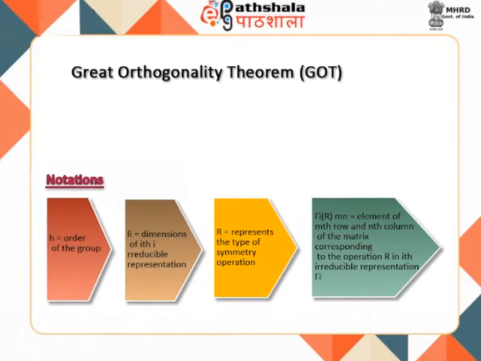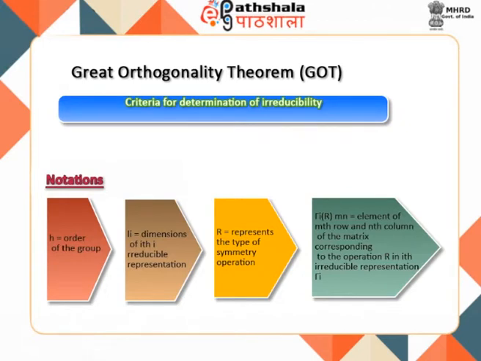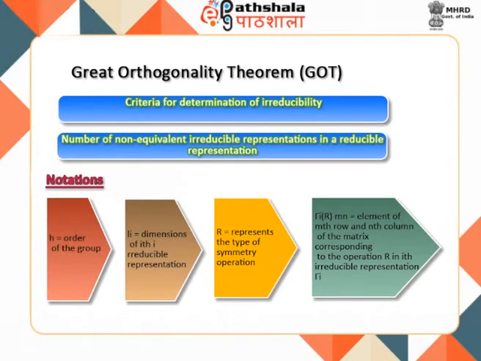The central role of the theorem is that it provides the criteria for determination of irreducibility of a reducible representation, and also gives the number of non-equivalent irreducible representations in a reducible representation.